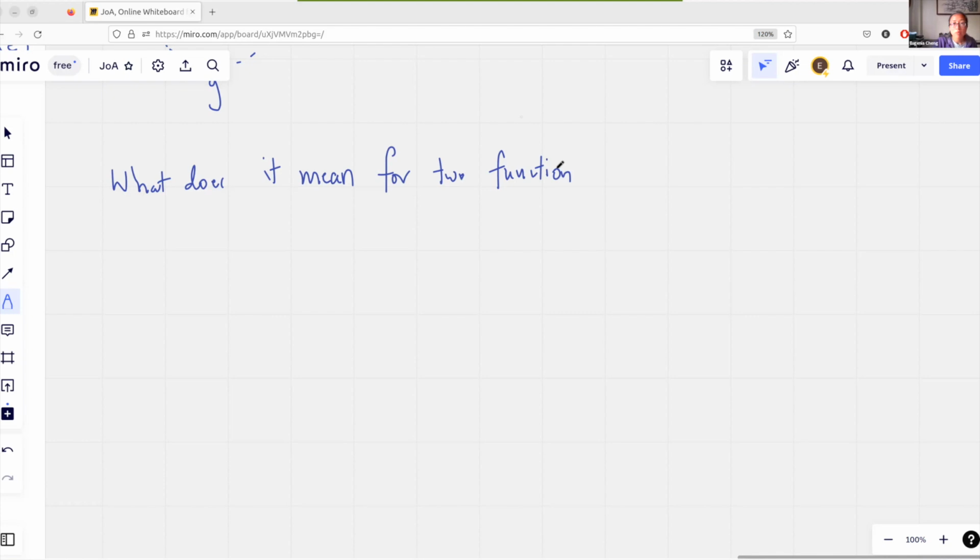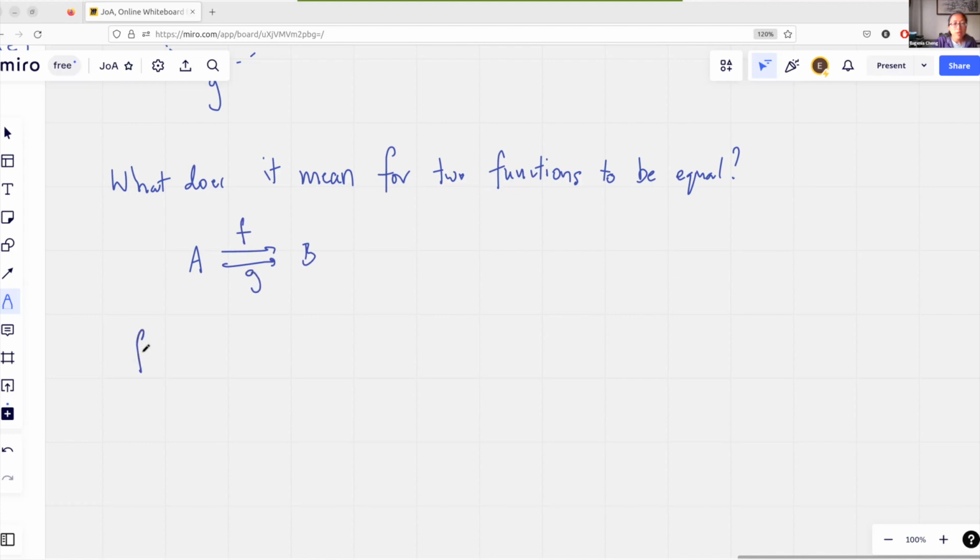So let me just share the screen again. What does it mean for two functions to be equal? We've got two functions. They have to have the same source and target.